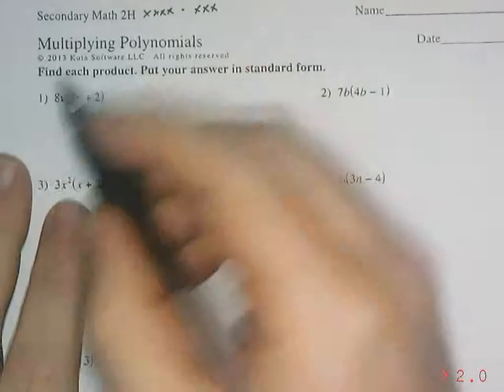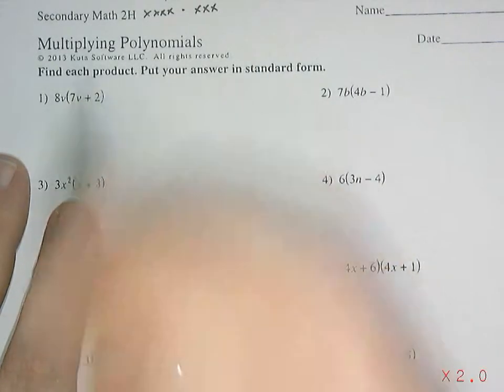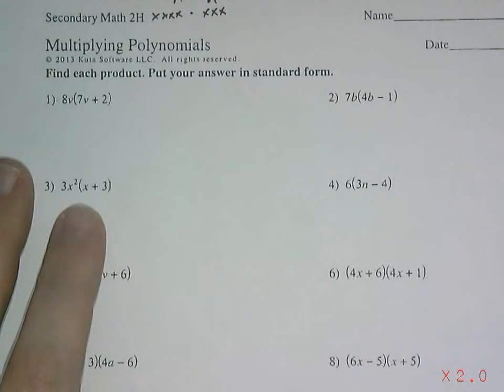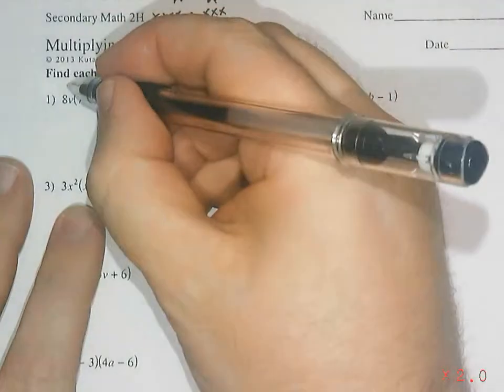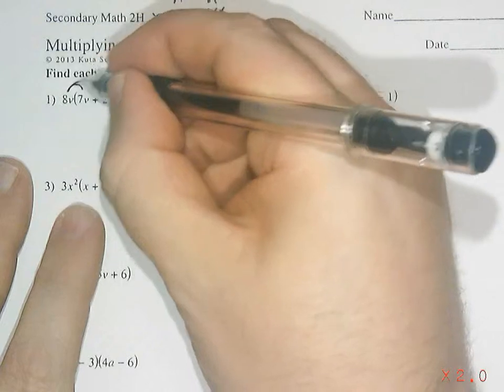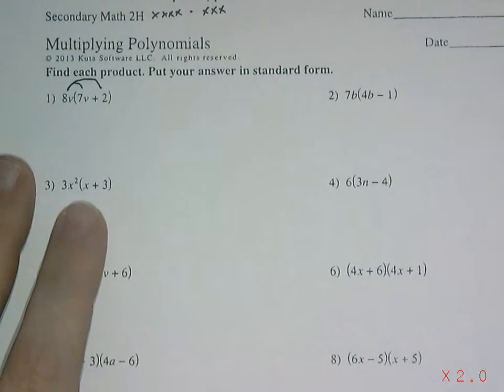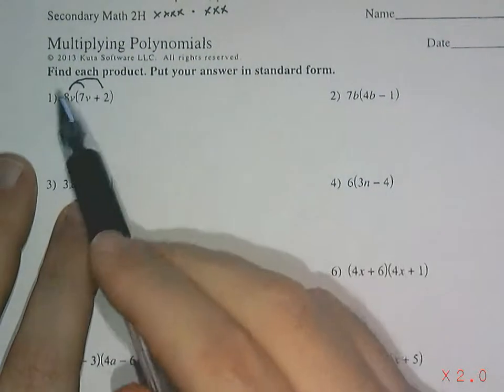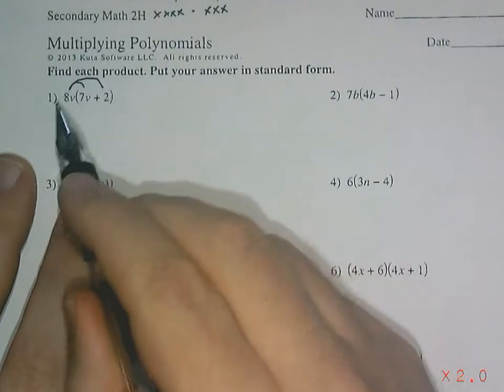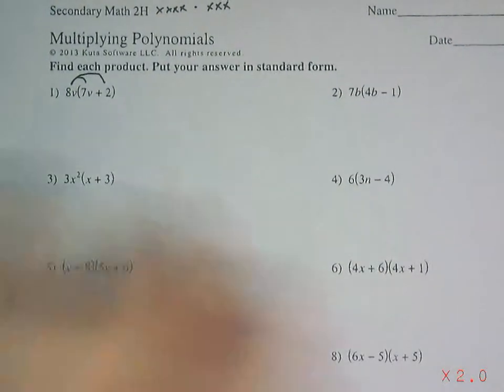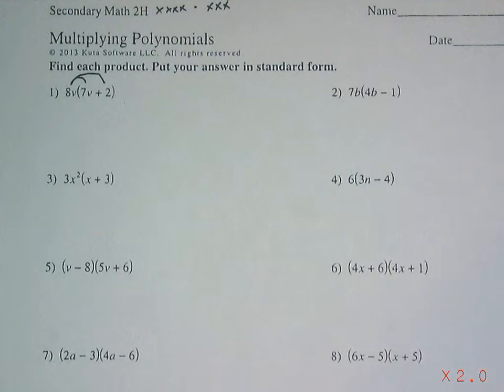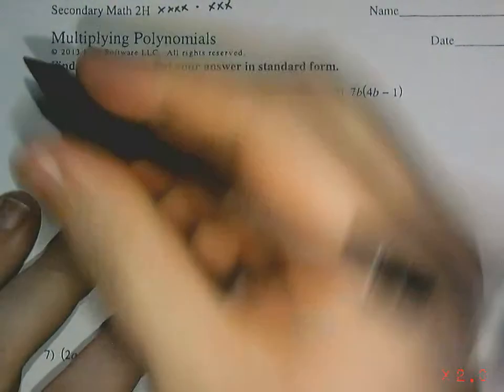So let's just start. This one just has a single term multiplying with this group, which is perfect. You should all be able to do this just fine, right? You just distribute 8v to everything in the parentheses. So 8v times 7v. So the 8 and the 7 would multiply, and we're going to get, oh man, losing my times tables, 56.